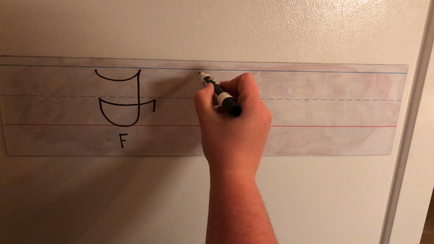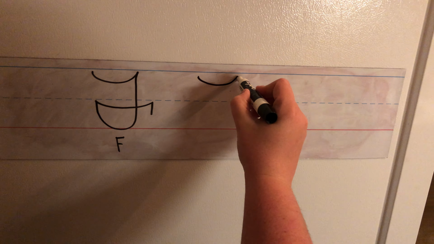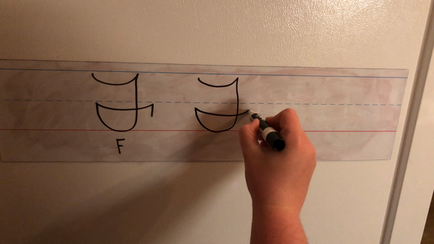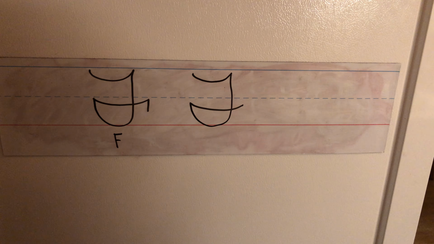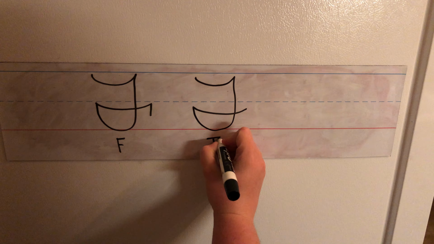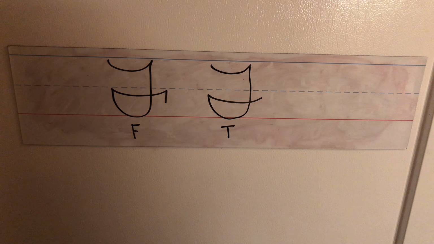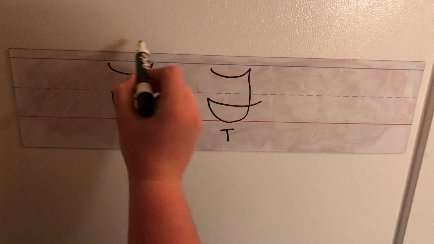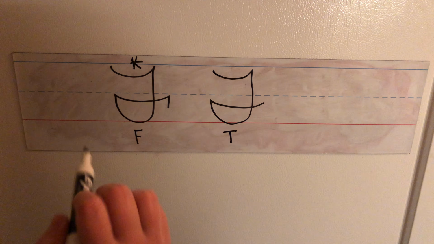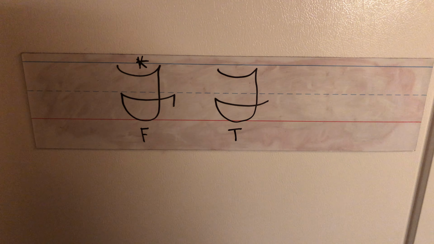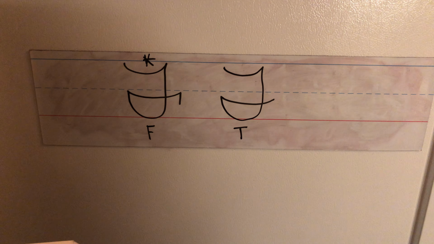Okay. The next letter is a T. They look pretty similar, don't they? Okay, so the difference between these two letters, the way that you can remember, is that an F does not connect to the next letter.